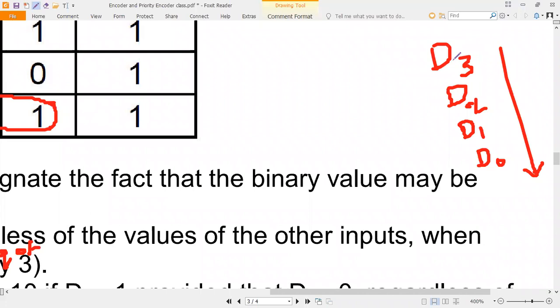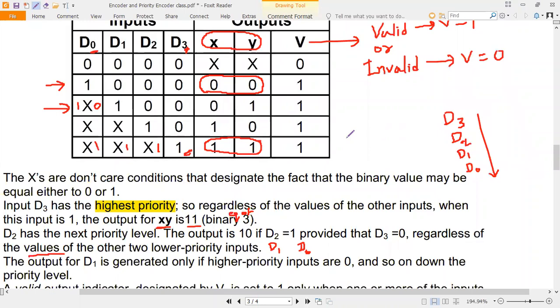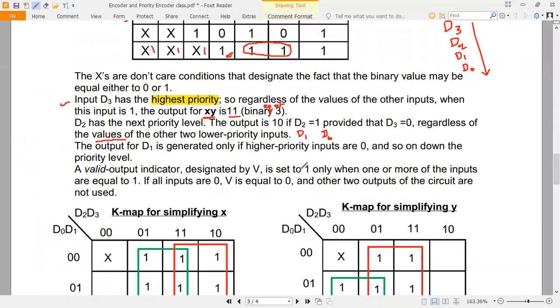D3 will have the highest priority, next level D2, next D1, next D0. This priority encoder is there for your DELD lab.